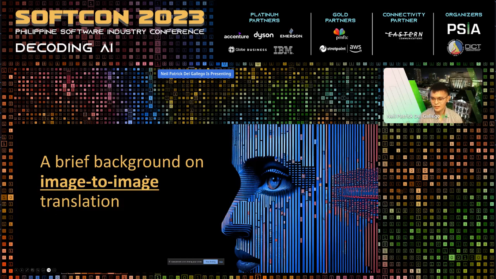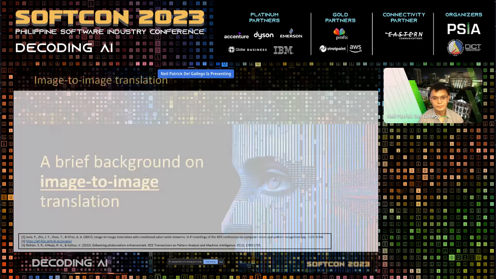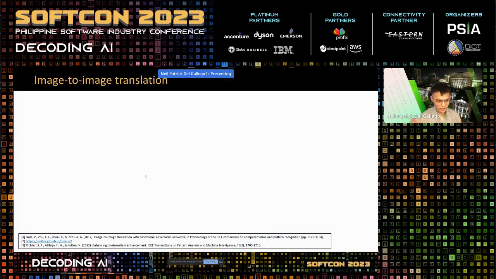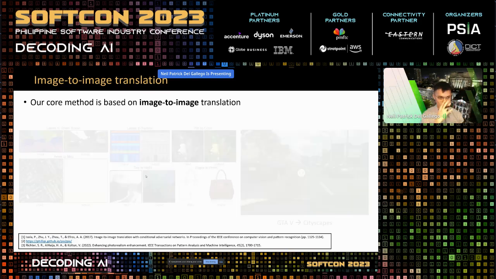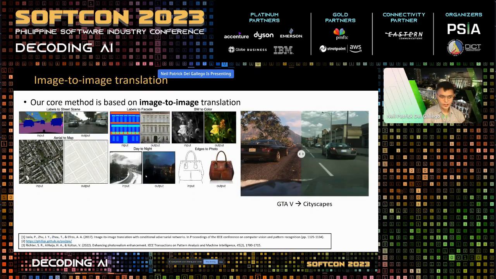Sige. So, what's an image-to-image translation? So, ang best example dyan, since computer vision, is magpakita na lang ako ng images. So, our core method is based on image-to-image translation. So, ganito siya. No? So, in computer vision, there is an area wherein if you provide an image, ita-translate siya to another image.